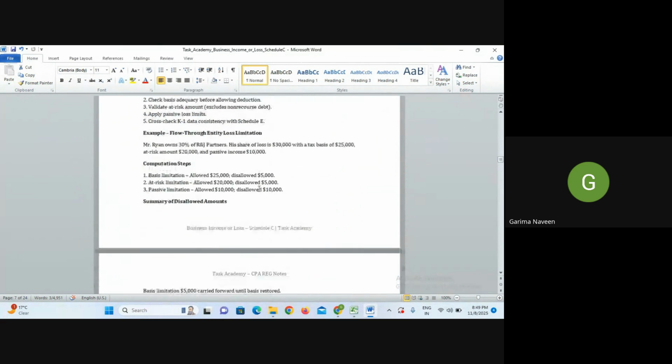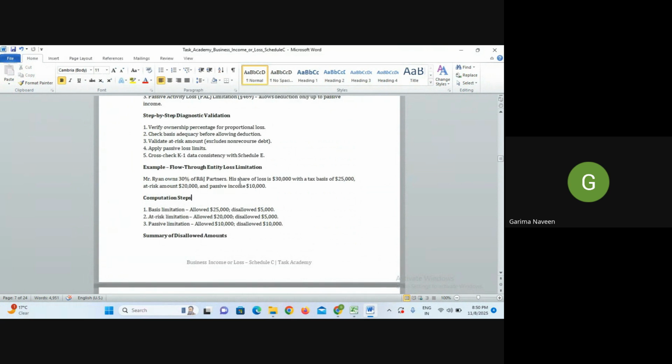Okay, if you are not understanding it, an example is given. For example, Mr. Ryan owned 30% in a partnership. His share of loss is $30,000 and he has tax basis of $25,000. At risk amount and passive income are given. The rule says, first of all, your losses will be deducted up to the extent of tax basis.